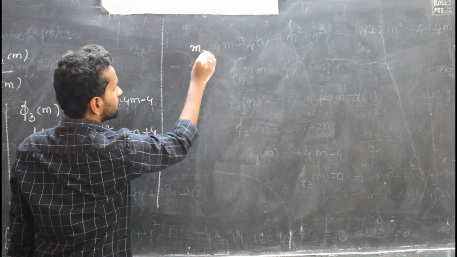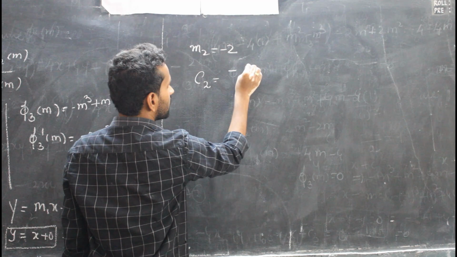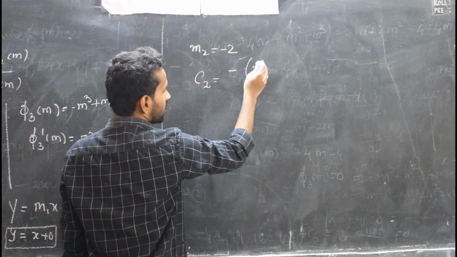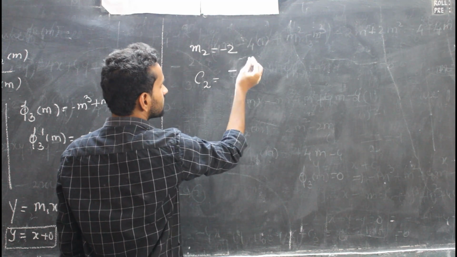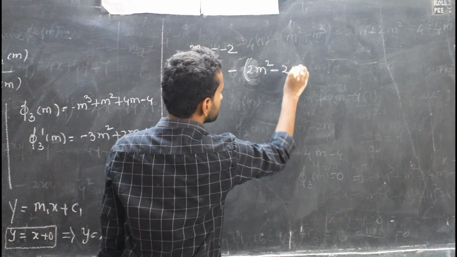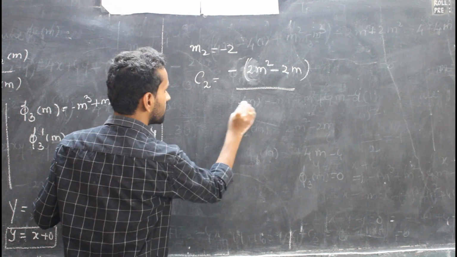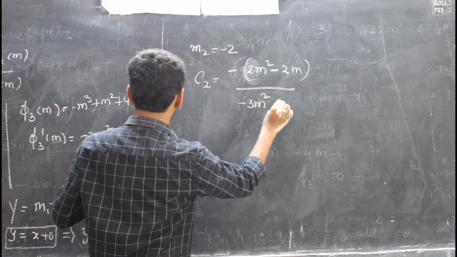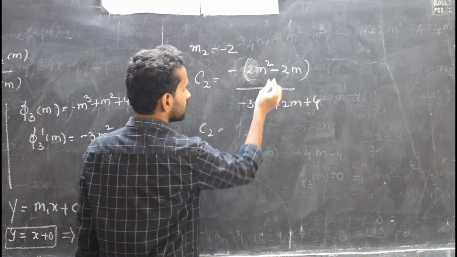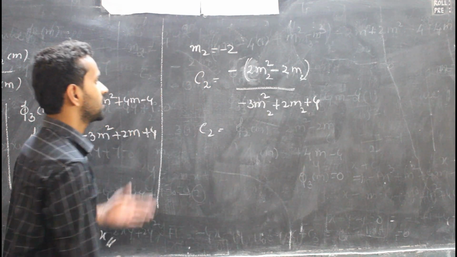Now for m2 equal to minus 2, c2 will be minus of phi 2 of m2, so minus of 2m square minus 2m divided by phi 3 dash, that becomes minus 3m square plus 2m plus 4. Is it clear? I am replacing that m as m2 here.